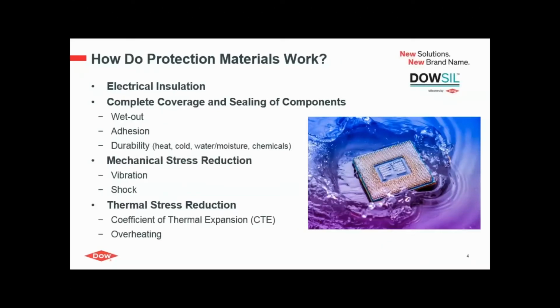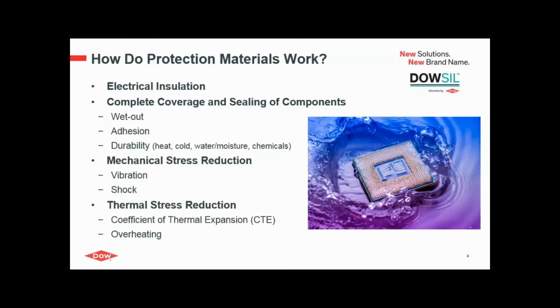So what kind of properties do materials need in order to work as protection material? First, they need to be good electrical insulators. They also need to be able to completely cover and seal all of the components used on your board. Therefore, they require good wet-out capability, and depending on the level of protection you require, they also need to provide a certain level of adhesion.